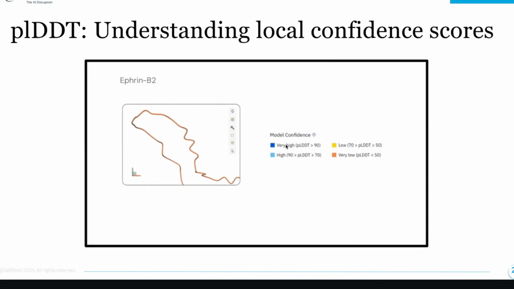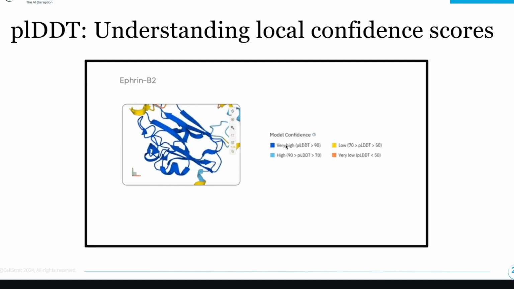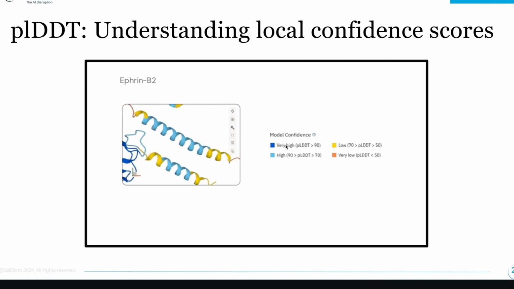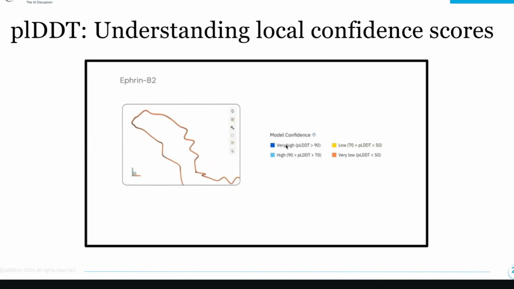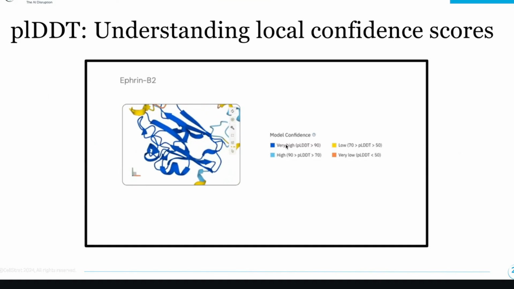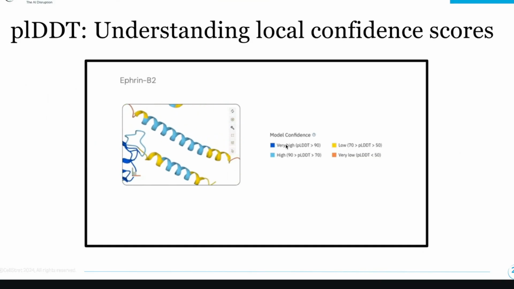On this basis, a pLDDT score above 90 is taken as the highest accuracy category, in which both the backbone and side chains are typically predicted with high accuracy. In contrast, a pLDDT score above 70 corresponds to a correct backbone prediction with misplacements of side chains.